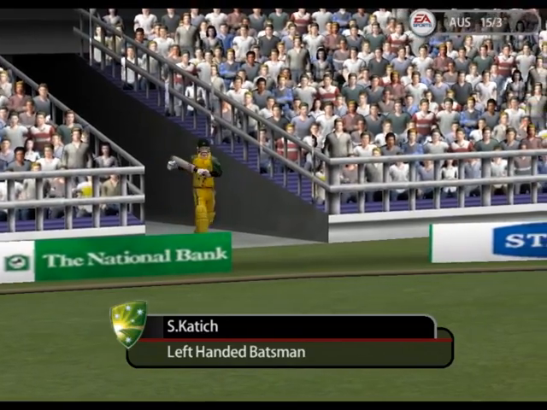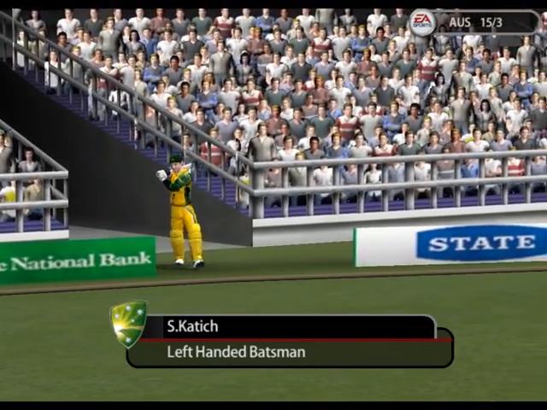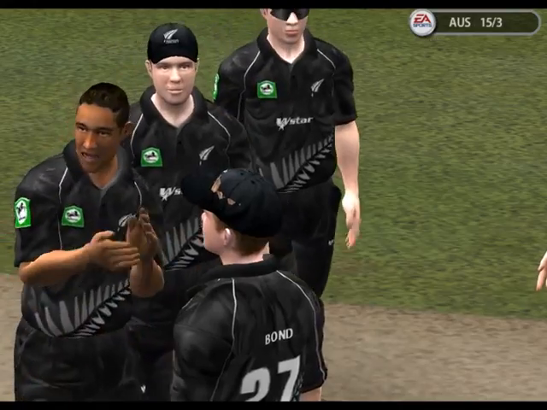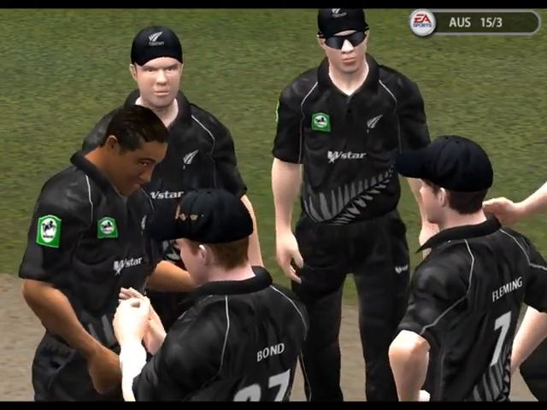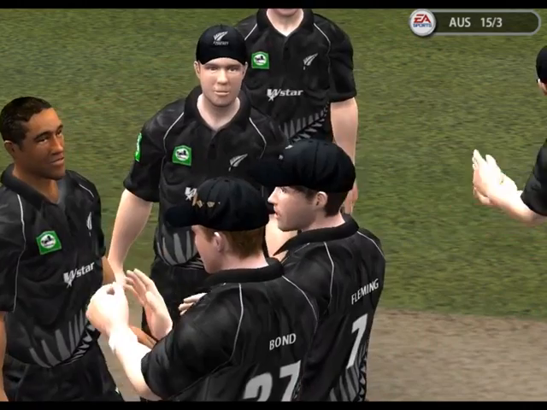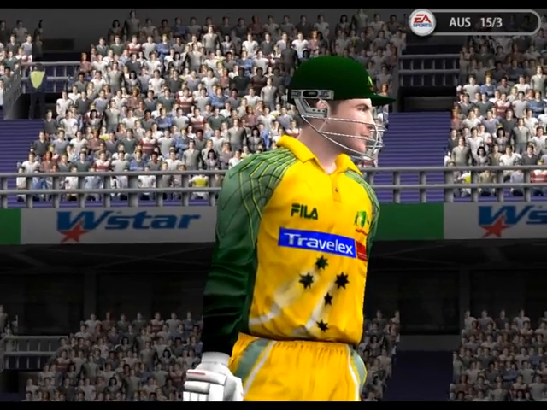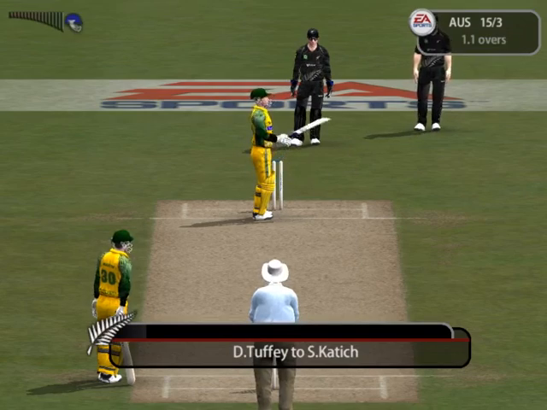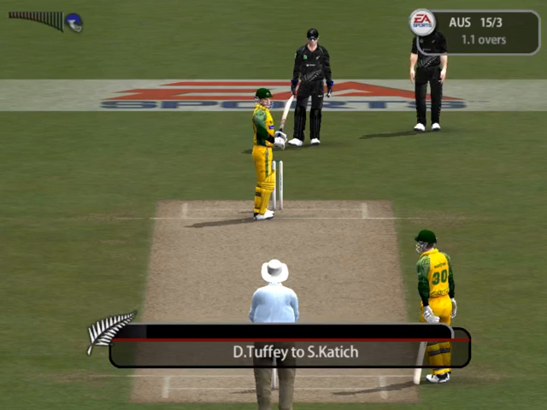Kadich is the new batsman for Australia. Tuffy is going to try over the wicket.